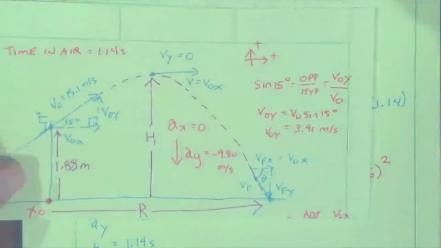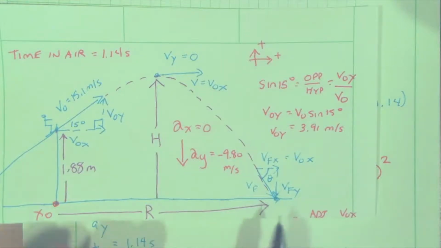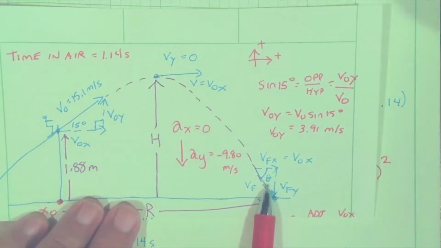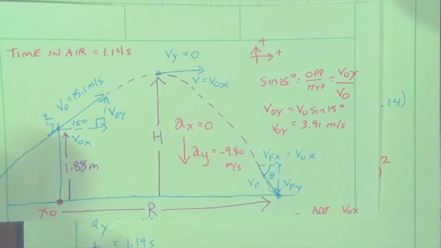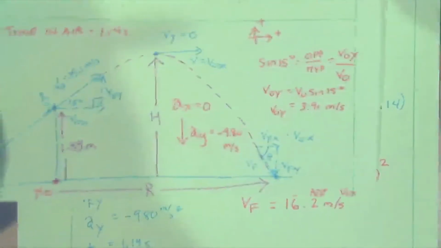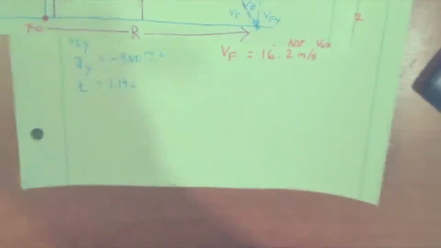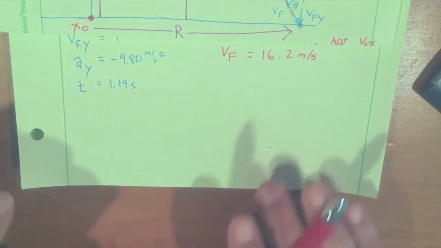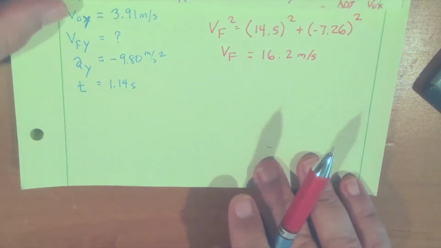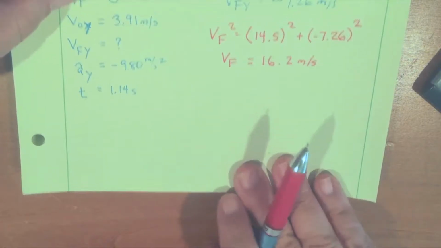But we're also asked about the direction. And now we have to find this angle theta right here. Any of the trigonometric functions can be used to find this angle theta. Let's use the tangent function. All right, so we have a final velocity of 16.2 meters per second because we have these two components here.